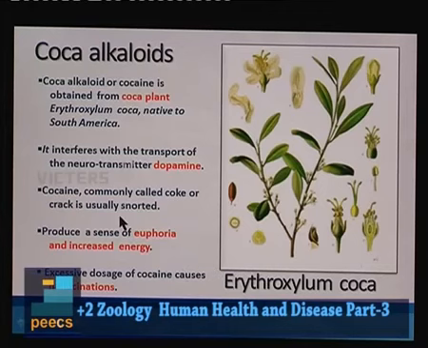Cocaine, commonly called coke or crack, is usually snorted, and it will produce a sense of euphoria and increased energy. Excessive doses of cocaine will also cause hallucination. We consider cocaine a stimulant, but overdosage will result in hallucination.